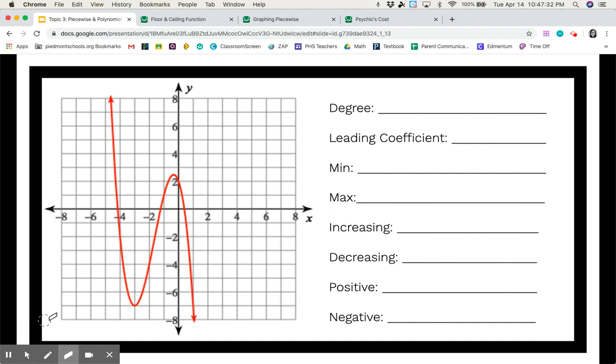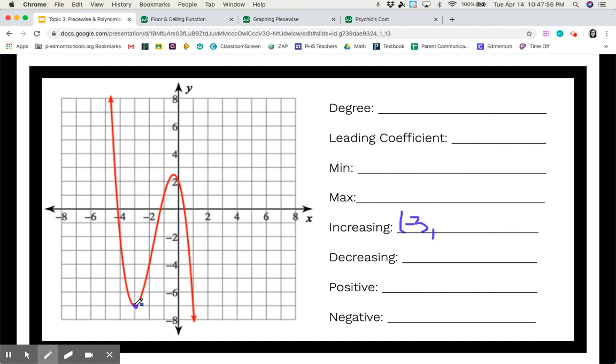Okay, so I accidentally erased the degree, leading coefficient, minimum, and maximum. And so what I want to look at now is where I am increasing. And so if I trace this, I'm going down, down, down, and then starting at this x value of -3, I begin increasing.